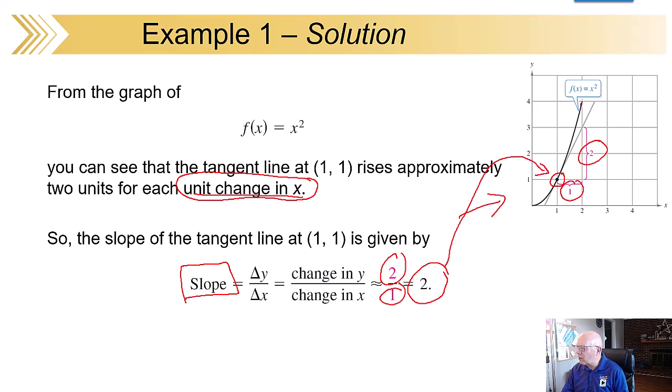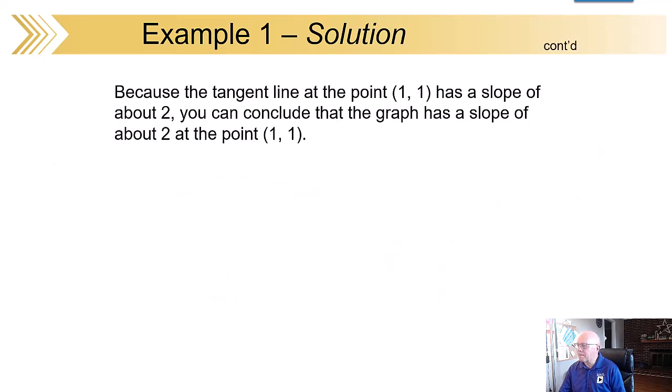If we picked a point up here, we'd have a different slope, because this curve that we've got, x squared, is not a line. So the slope is going to be different at different places. So since the tangent line has a slope of about 2, you can say the graph has a slope of about 2 at the point (1, 1).